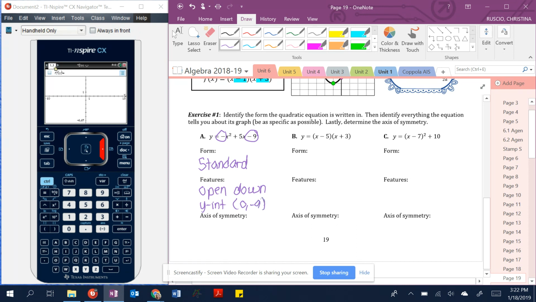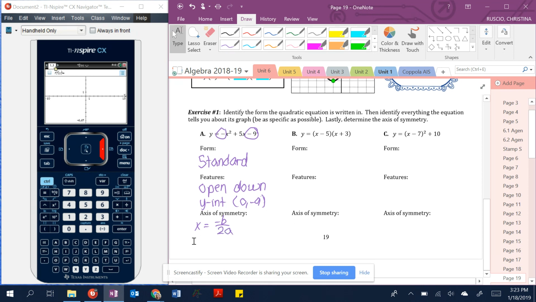Now, finding the axis of symmetry of these guys is not so easy. So what we're going to do instead is use that formula right up top. And that formula is x equals -b all over 2a. And we're going to know what that song is in just a few more videos. So stay tuned.